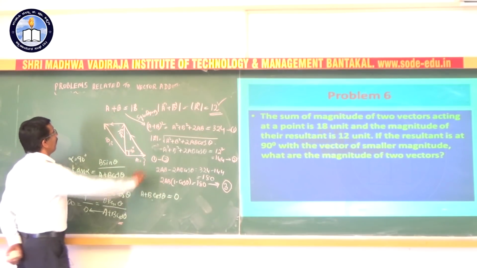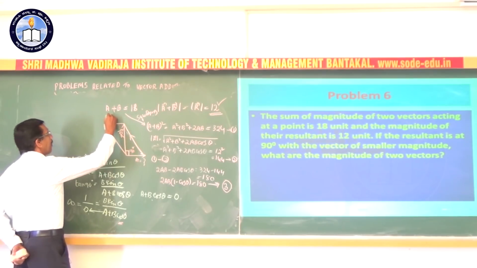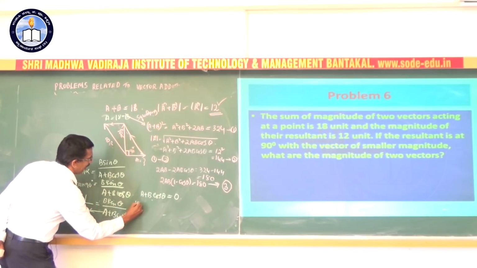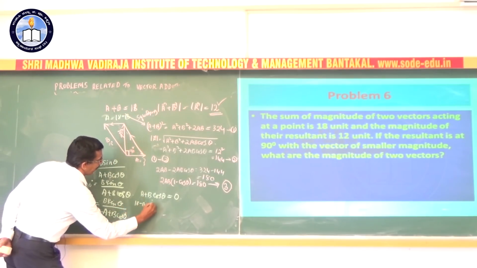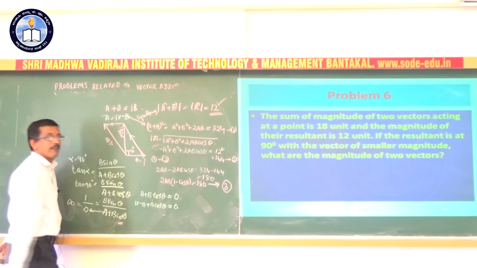Now, we know A plus B is 18. What is the value of A? A becomes 18 minus B. In place of A, I put 18 minus B here, so 18 minus B plus B cos theta is equal to 0.